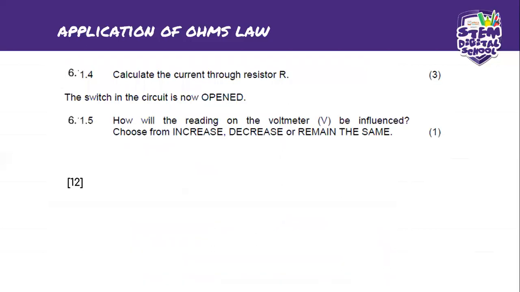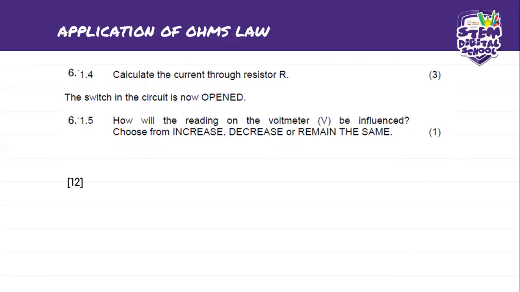So continuing to 6.1.4, it says calculate the current through resistor R. Remember, resistor R is the unknown resistor. So we need to calculate the current through resistor R. Okay. So it says thereafter, the switch in the circuit is now open. Okay. Remember before it was closed, so there was current flowing throughout the circuit.